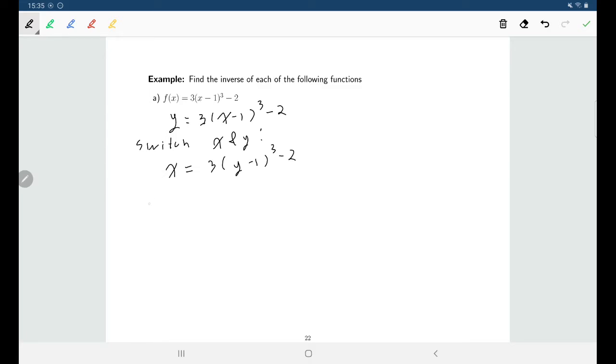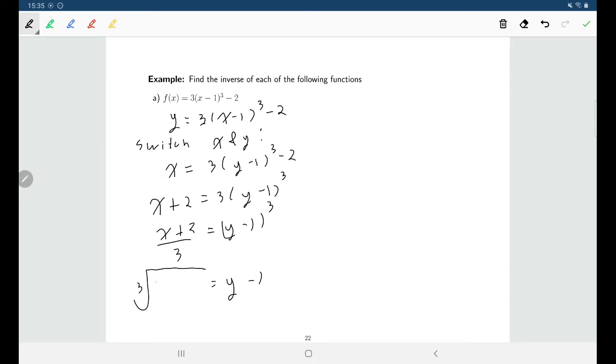So I'll bring the 2 over to the other side. I'll divide everyone by 3. I'll take the cube root. And then finally, I will bring that negative 1 to the other side.